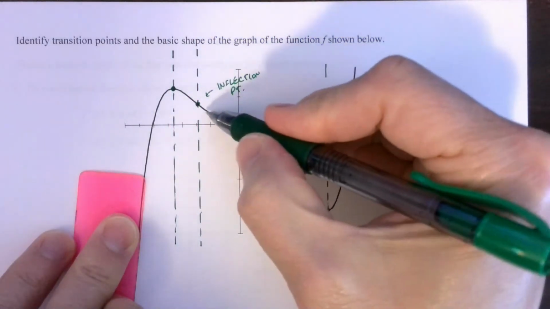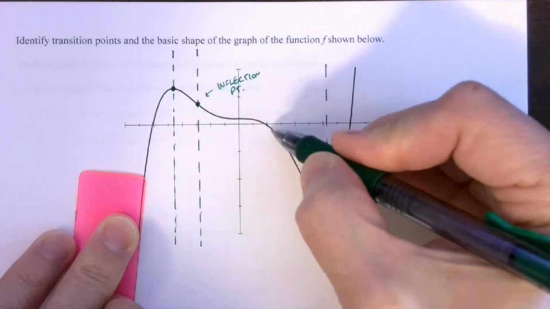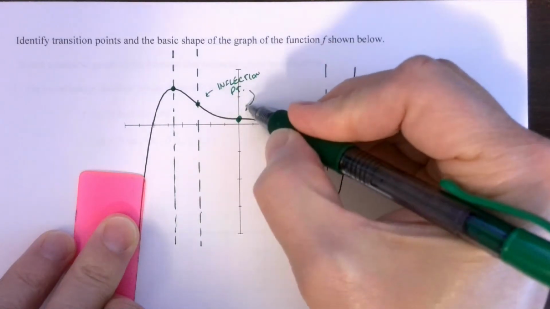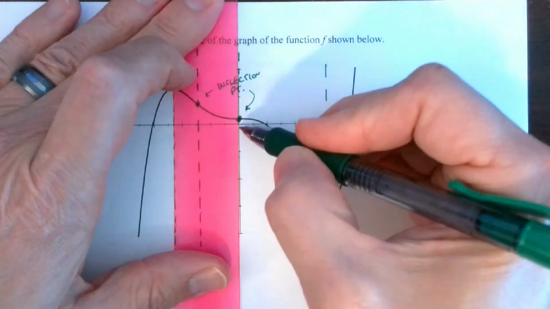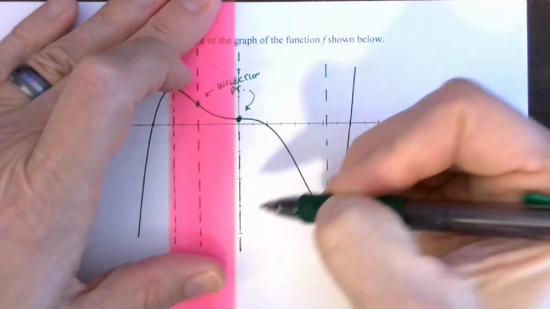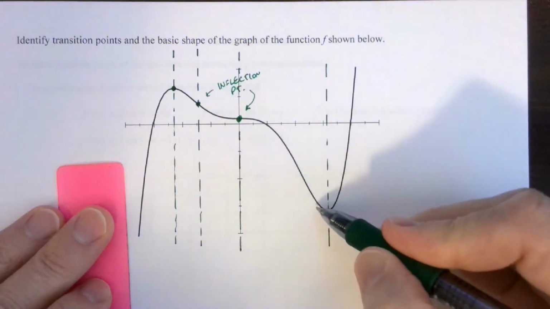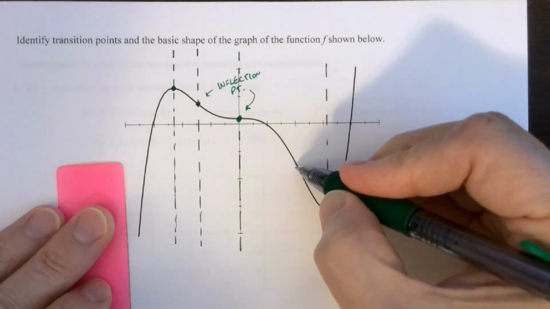Well, again, you see it's concave up here, but then what is it here? Concave down, right? So there's another inflection point. And again, another transition point. And then finally, concave down, but then clearly here we're concave up, so somewhere in here there's a transition point.